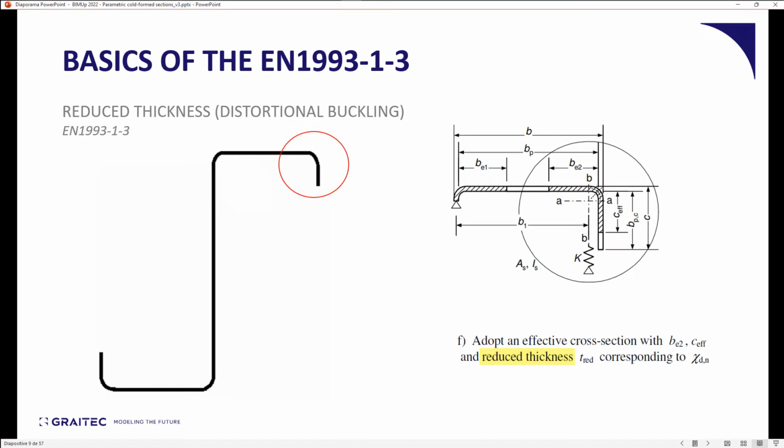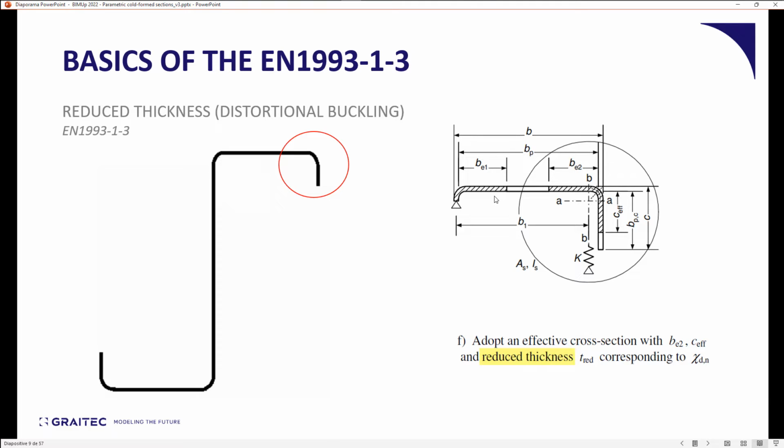But then you've got another effect coming in, and this one is specific to cold formed sections. It's called distortional buckling, and it is causing the end stiffener of a section, which is the lip and half of the compressed flange, to get a reduced thickness.